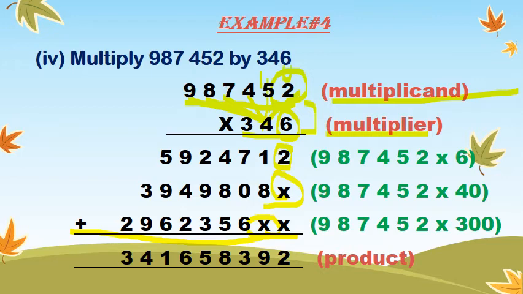Lastly, use long addition to add your number columns from right to left, carrying as you normally would for long addition. So the answer is 341,658,392.